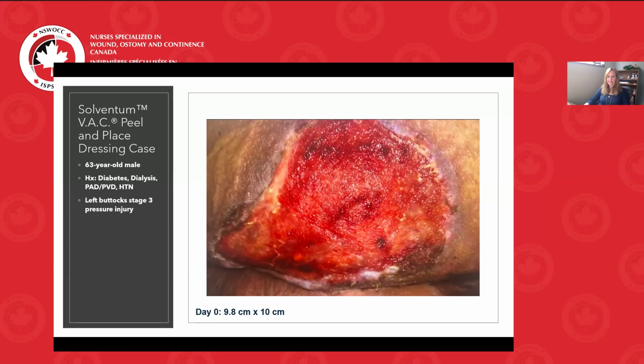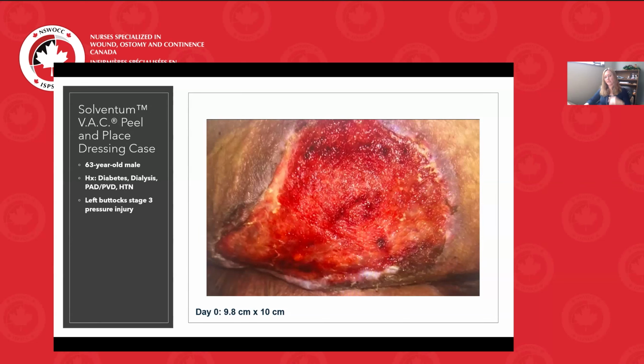Because it has that non-contact layer on the back, you're not necessarily going to see that beefy red cobblestone granulation tissue. You're going to see a wound where the edges are flatter, there's red granulation. You might see kind of a film on the top of it. That's okay. That's just a release of albumin.